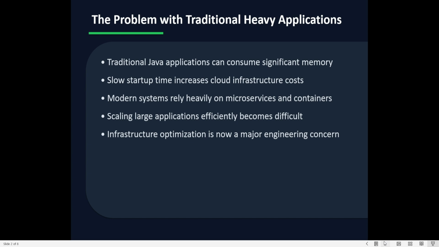So startup speed and memory become very, very important. If you are deploying, for instance, in a Kubernetes environment, applications constantly scale and restart dynamically. And so inefficient services quickly become expensive to scale, and this is very cost alarming for companies.